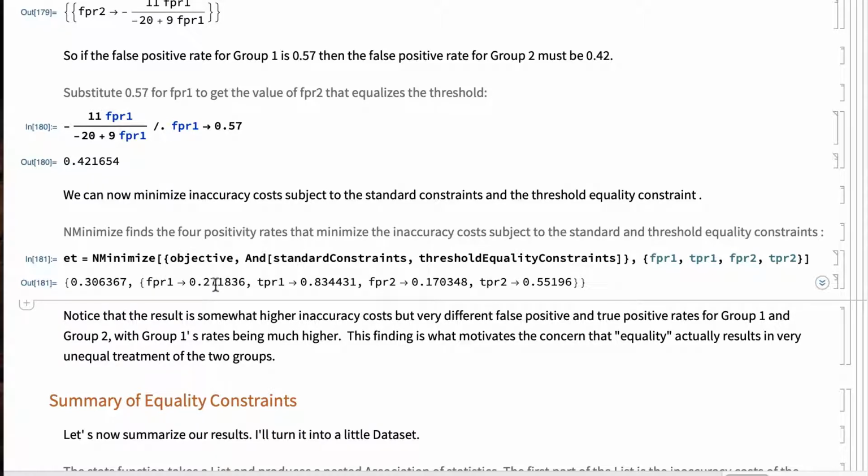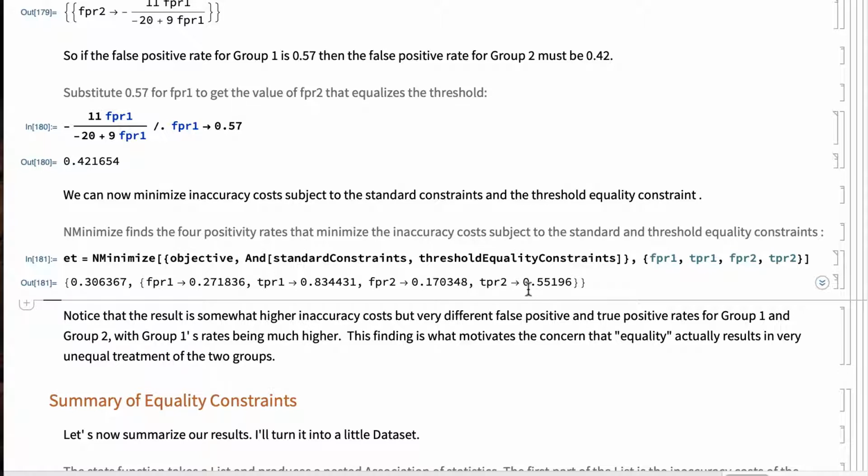For group 1, 27% of their unqualifieds are being admitted, whereas only 17% of group 2. And among group 1, 83.4% of those who would succeed are being classified as positive, whereas for group 2, even though the incidence is the same, only 55.2% are being classified as positive.